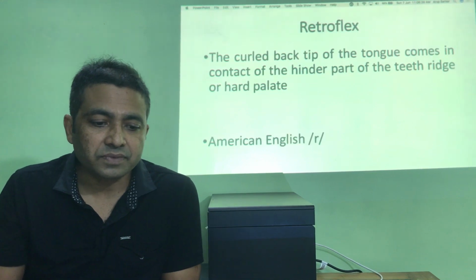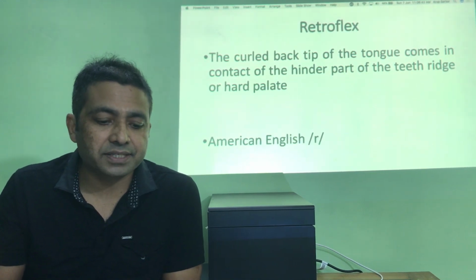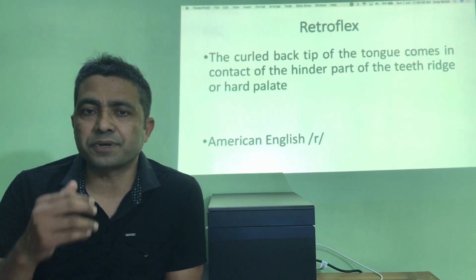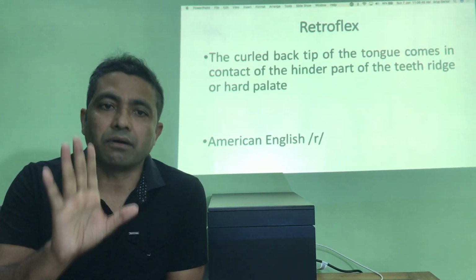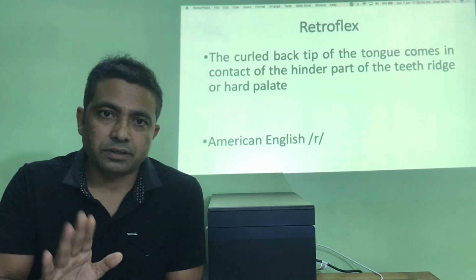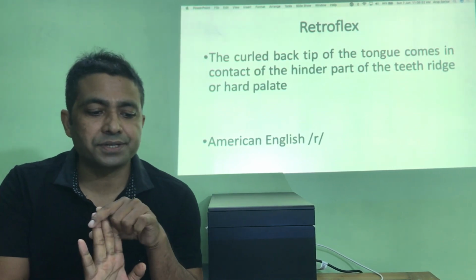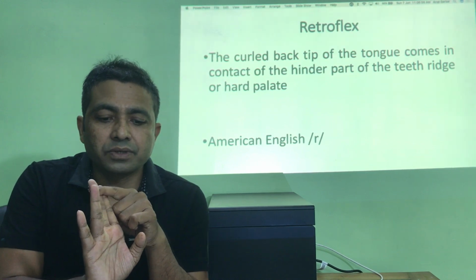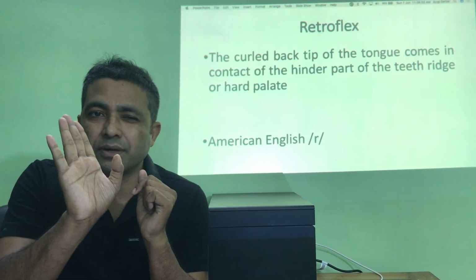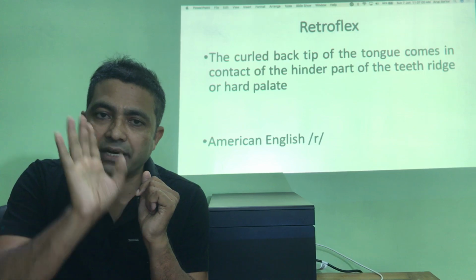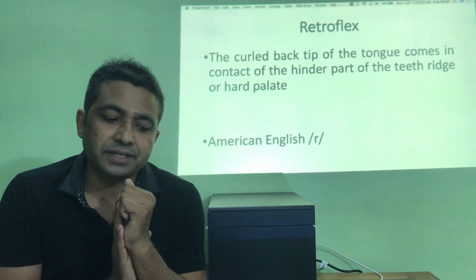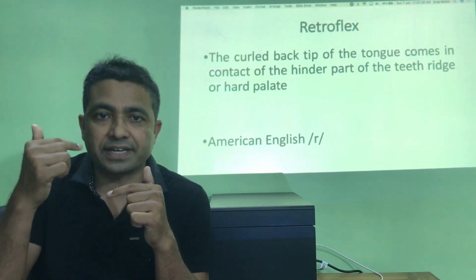Then we have the retroflex. Mostly in American pronunciation, ra is pronounced as in car. The tongue is folded, curled back to contact the back of the teeth ridge. So it is called retroflex.